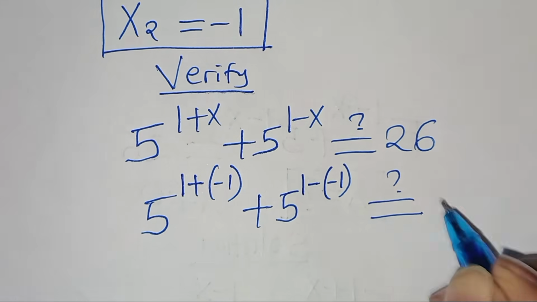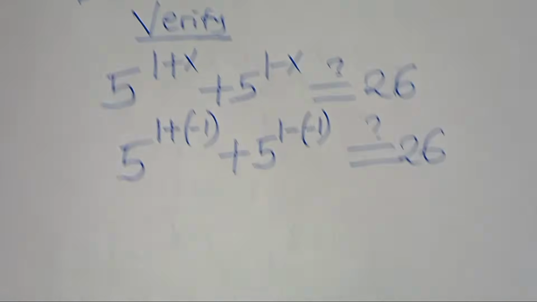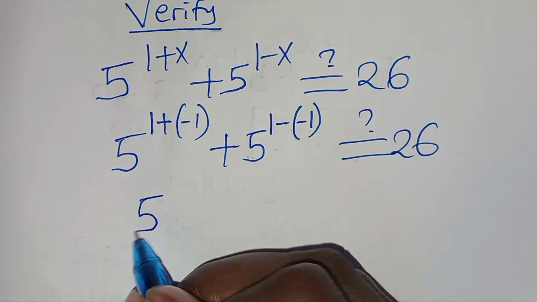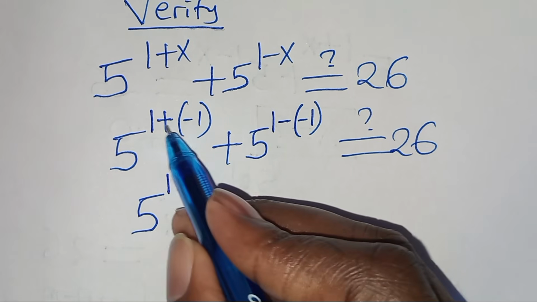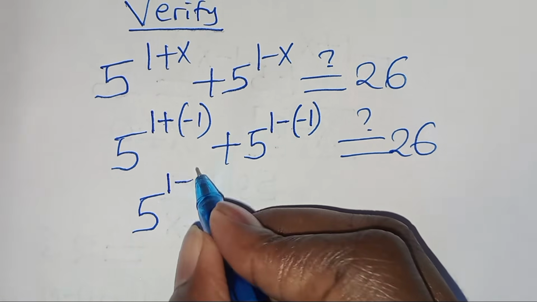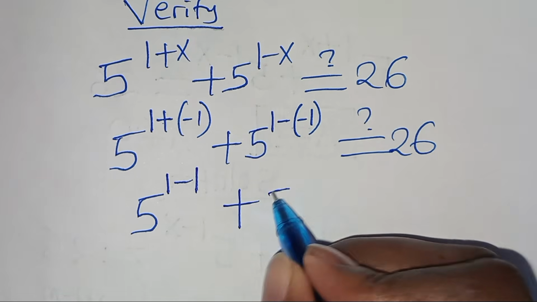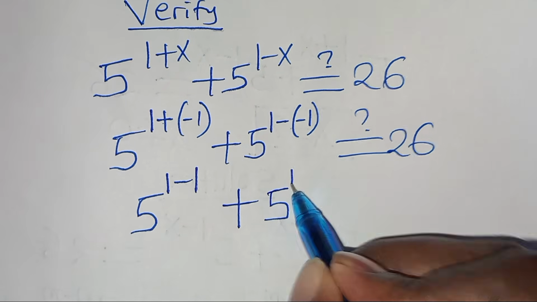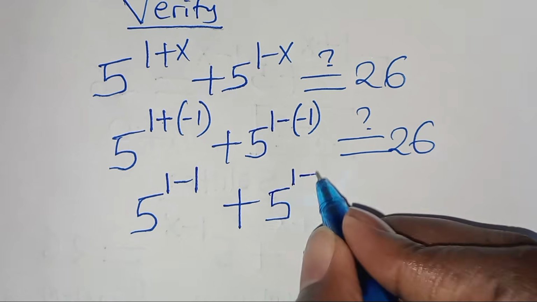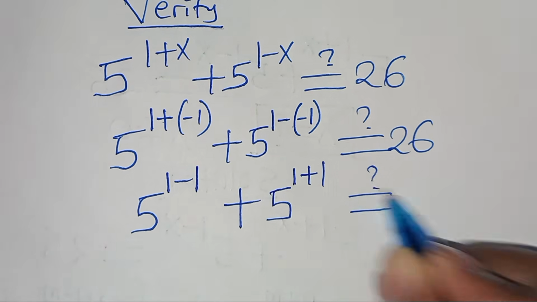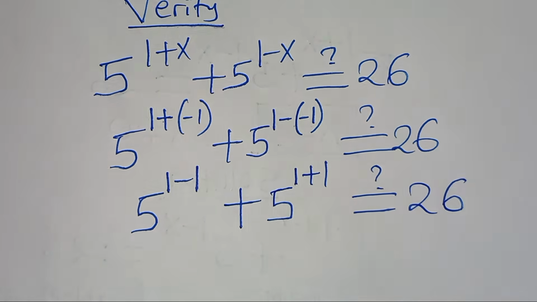This should give us a value of 26. So this is 5 to the power of 1, plus times minus 1, this is minus 1. Then plus 5 to the power of 1, minus times minus 1, this is plus 1. This is supposed to give us a value of 26.